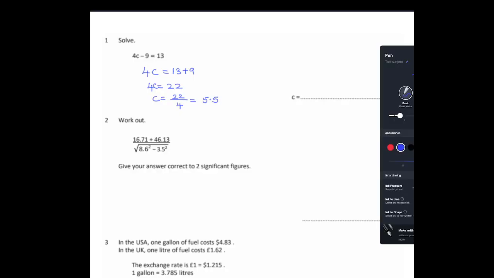So c will be equal to 22 by 4. 22 divided by 4 is equal to 5.5. 5.5 is the answer. Question number 1 is done.